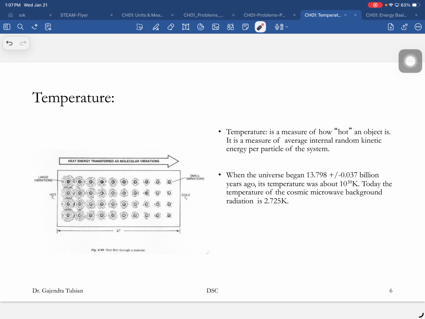The temperature of this object measures the random internal kinetic energy of these particles. Now, I added kinetic energy to every particle, but that didn't increase the temperature. So it's a measure of the random kinetic energy.